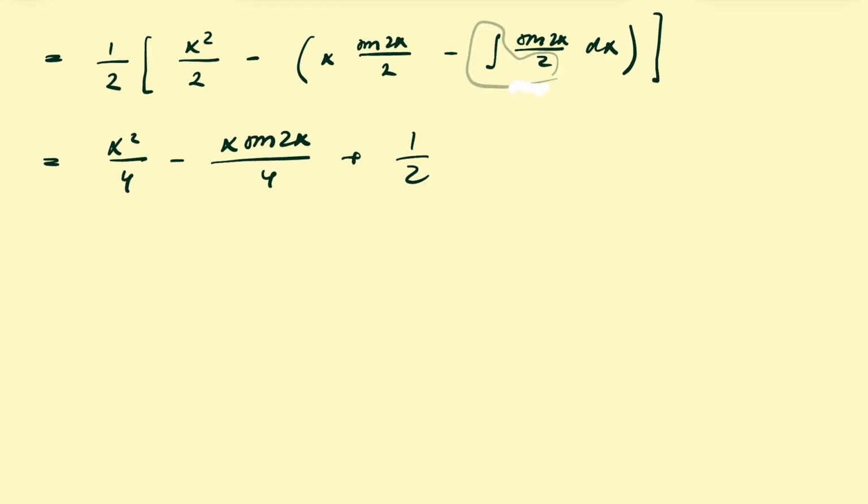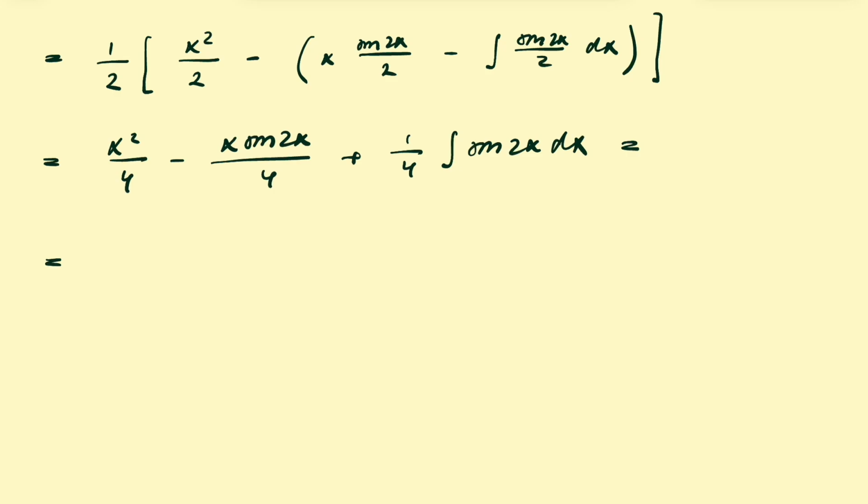Since 1 over 2 is a constant, we can just neglect it inside the integral and put it outside. So we have 1 over 4 times integral of sine of 2x dx.